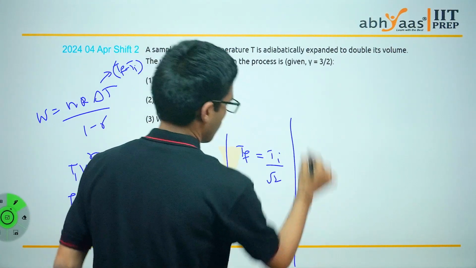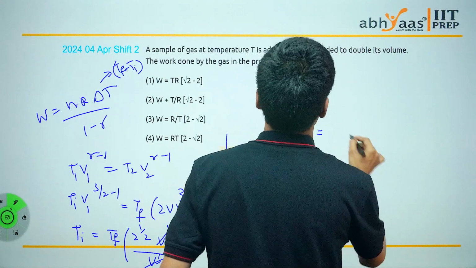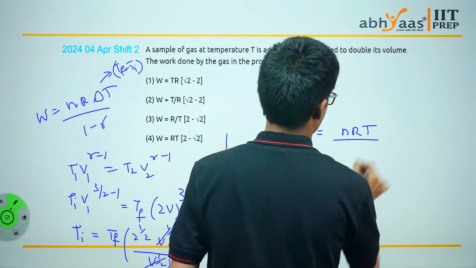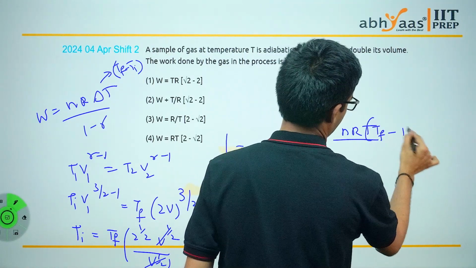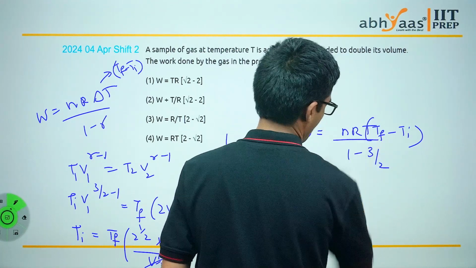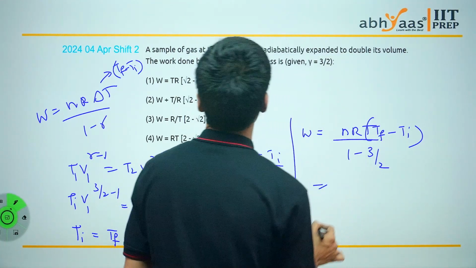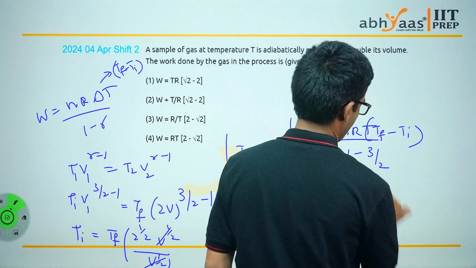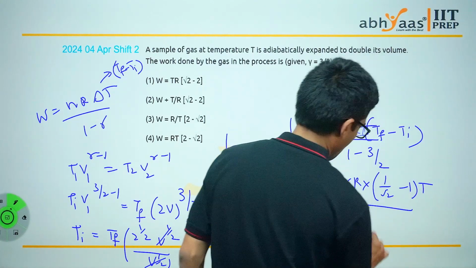So then work done is equal to nR times T final minus T initial by 1 minus 3 by 2. The number of moles is 1, a simple sample of gas, so 1 into R into (1 by root 2 minus 1) times T initial by minus 1 by 2.